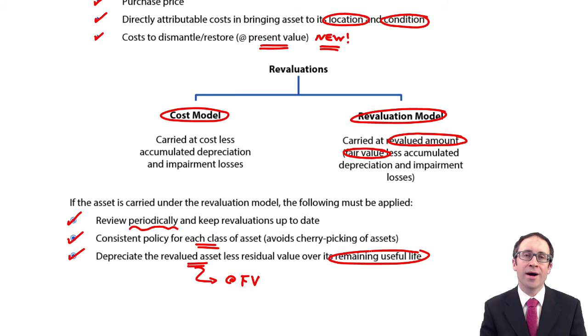So if initially you had an asset with a 50-year life, and then after 10 years, you decided to revalue it, you would take that revalued amount and depreciate it over what is left of the life of the asset. So if we had 50 years, we've used it for 10, there are now 40 years left, and therefore we will depreciate it over those 40 years. Okay. Happy with that? All sound familiar?